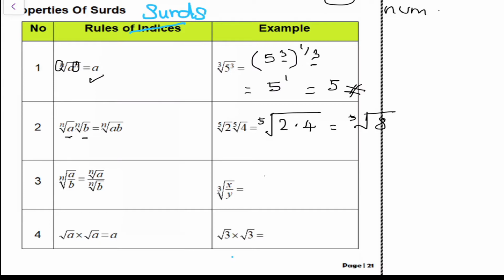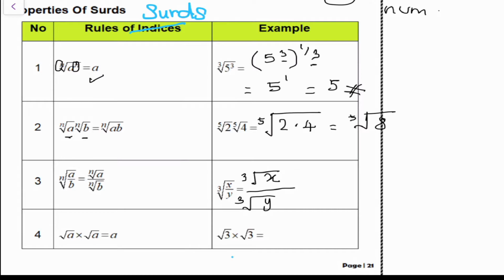For number 2, you're dealing with multiplication. For number 3, you are dealing with division. The same thing: when you have a division, you can also separate it. Look at a and b, they have the same root, so you can also separate the radicands. For example, this one, you can rewrite it as the cube root of x over the cube root of y.